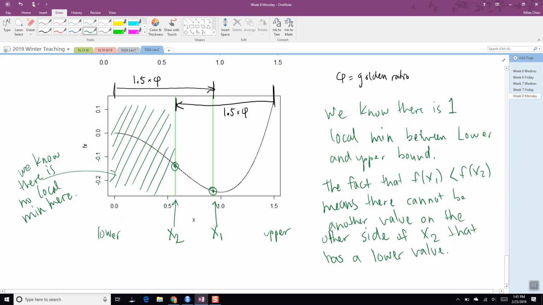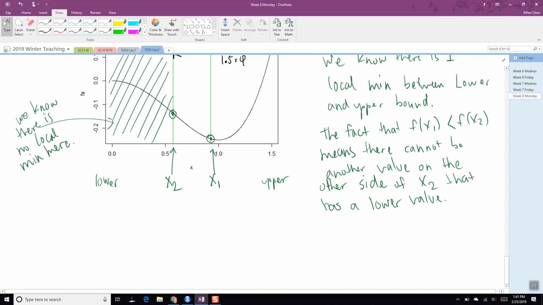So what we will do now is that for the next iteration, we are going to make x2 our new lower bound, and this will remain as our upper bound. And so now we have a smaller zone, and we will repeat the process, and we will do golden section search on this section. I've got a lower and an upper bound, and I know that there's one local minimum between them, and we're going to follow the same process.